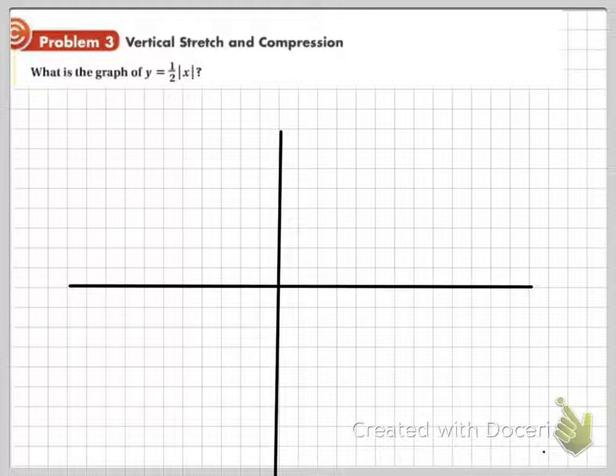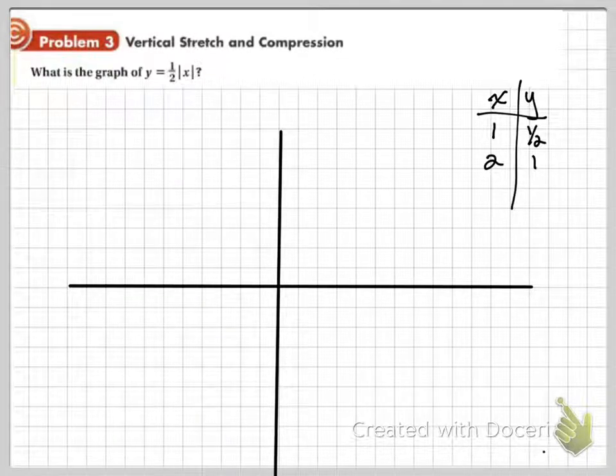What is the graph of y equals 1/2 absolute value of x? Well, that's going to stretch or compress it because it's multiplying outside the absolute value. So if I plug in a couple of digits here, if I plug in 1, it's a half, but let's make it a little bit easier. 2 would make it 1. 4 would make it 2.